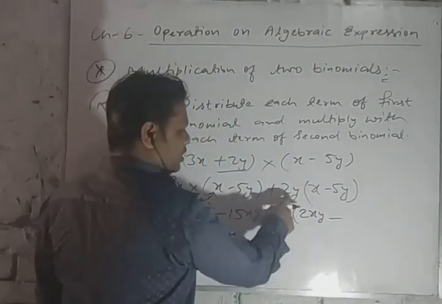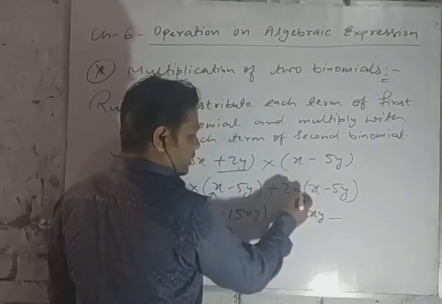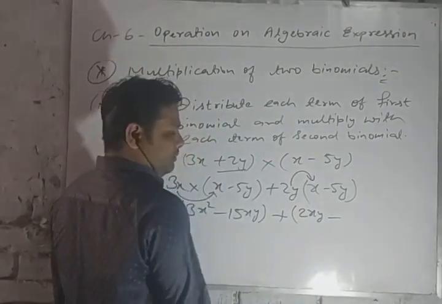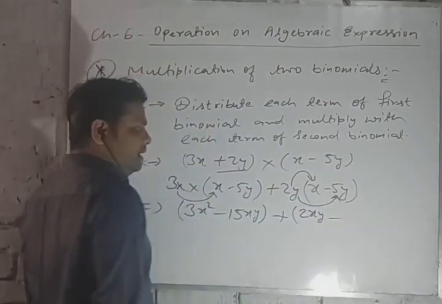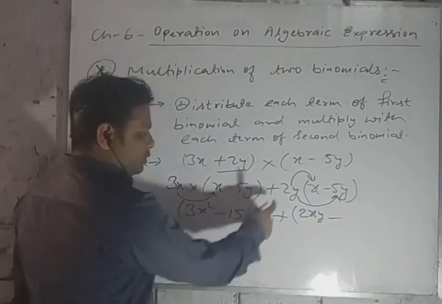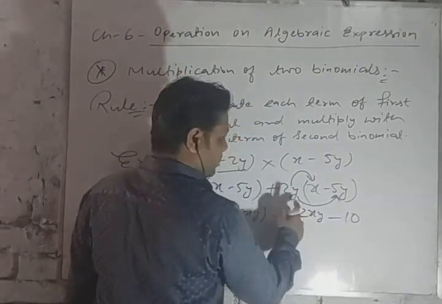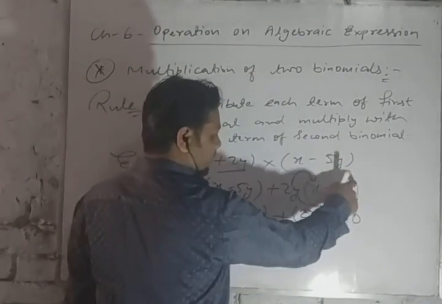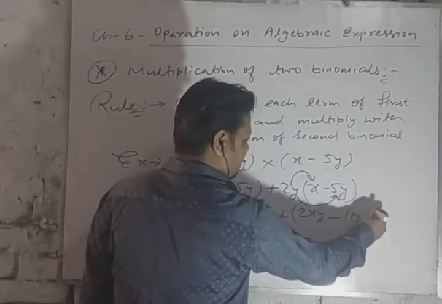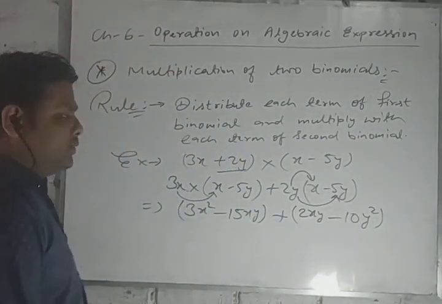Then constant term 2 times 5 is 10. At first we multiply with the first term of the binomial, then with the second term. So 2 times 5 is 10, and y to the power 1 times y to the power 1, that is y to the power 2. That is y square.